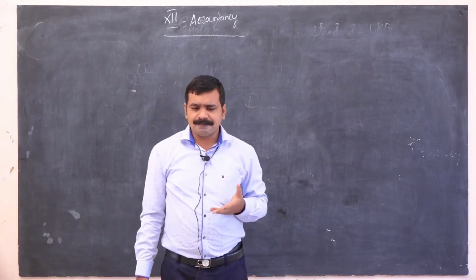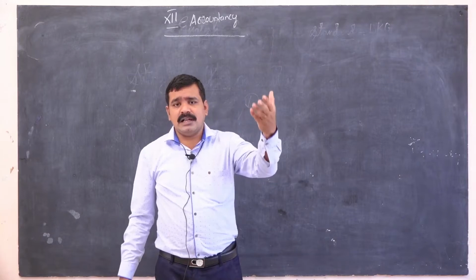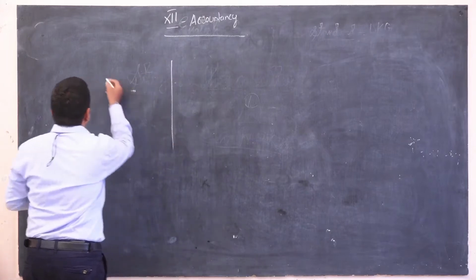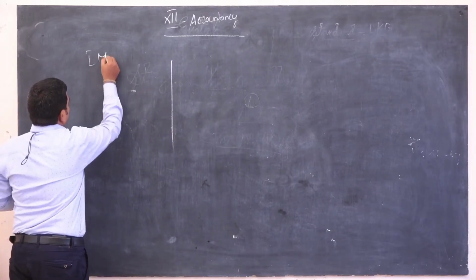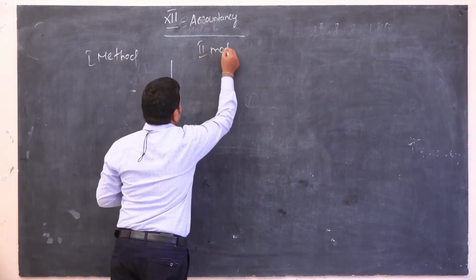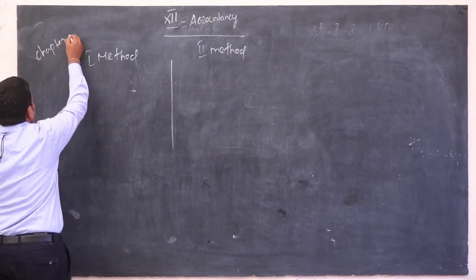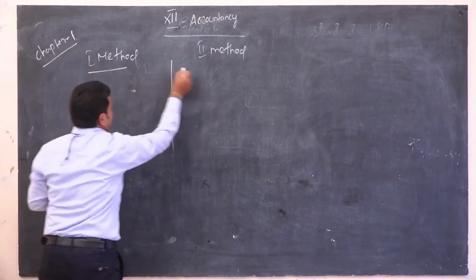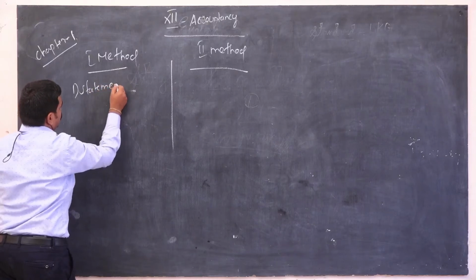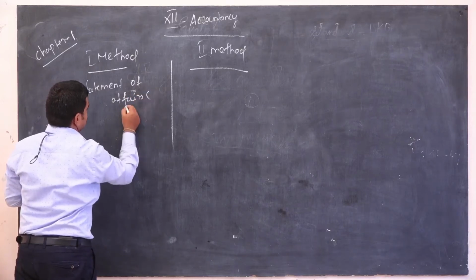Now we are going to start the next topic. We already discussed bills receivable and total debtors. In Chapter 1, the topic single entry system, the first method is the statement of affairs, that is the balance sheet.